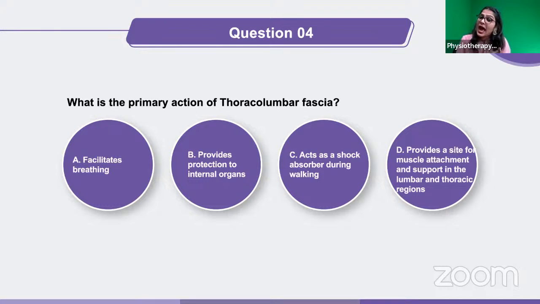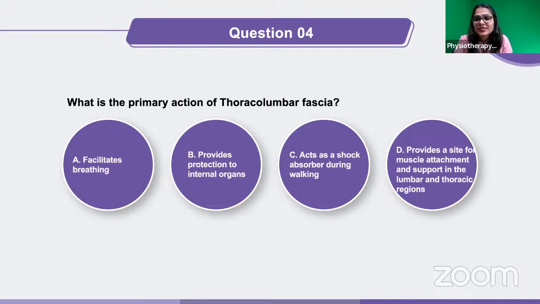Option C, it acts as a shock absorber during walking. Option D, it provides a site for muscle attachment and support in the lumbar and thoracic region. Technically speaking, all the answers are correct, but read my question properly. What is the primary action, the major action of thoracolumbar fascia?